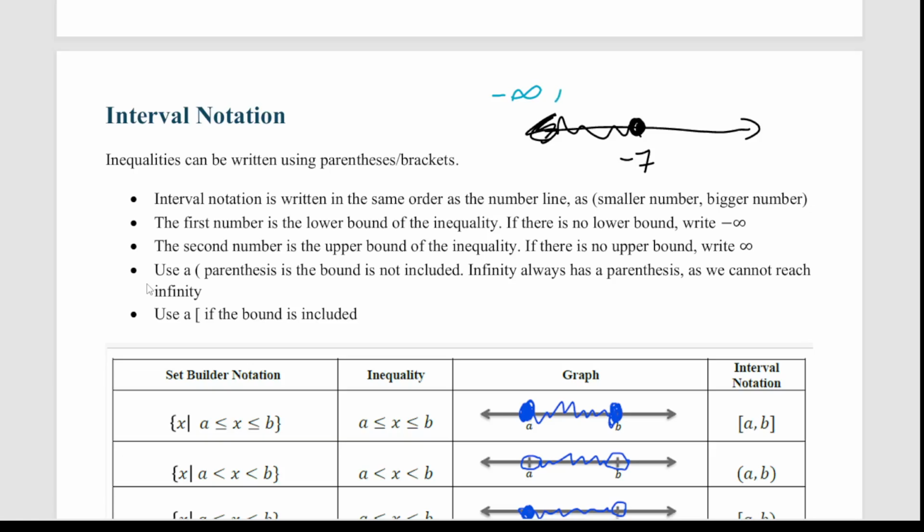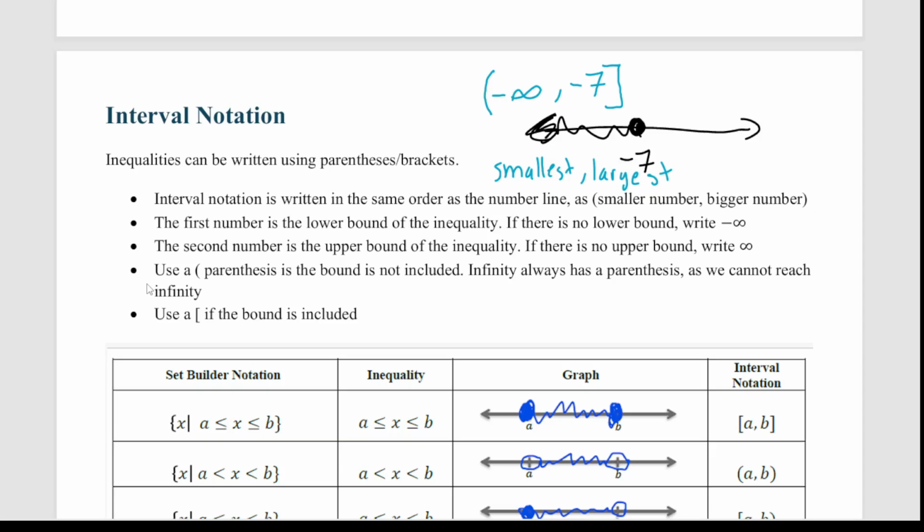Comma, your upper bound is -7. So it's always your smallest term, comma, your largest, and if there is no smallest term, it would be a -infinity. If there is no largest term, it would be a positive infinity. You then use a parenthesis on infinity always, just because we philosophically can't reach it. And then you would use a bracket on the -7 to indicate or equal to -7.